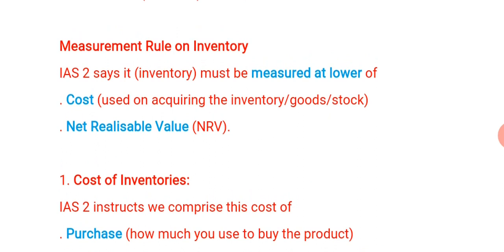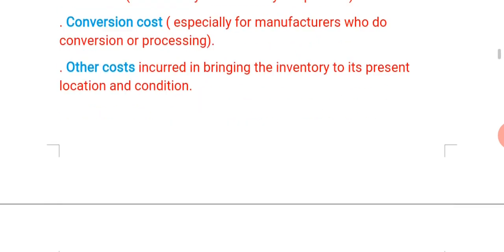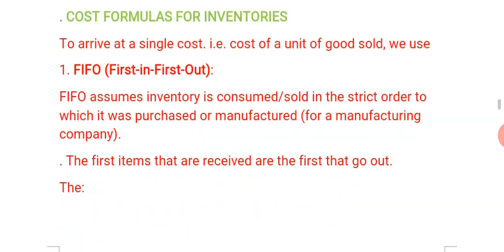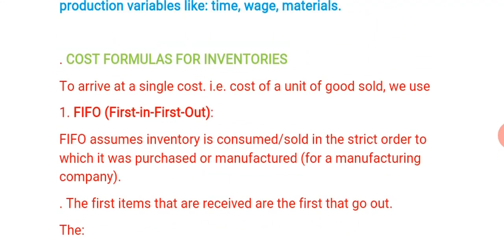That's measuring it at cost. It's a bulk thing for the measurement rule, while the cost formulas try to get the unit value for each one of them. Each unit, how much do I price my inventory? How much do I put as the price of my inventory?